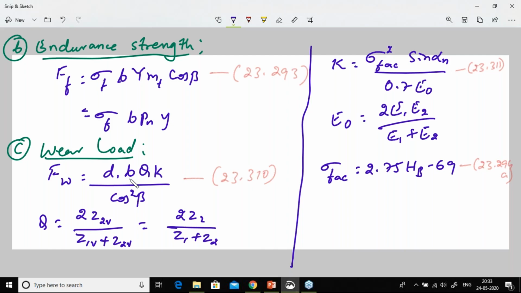Second one is decrease the module Mn. Third one is increase the face width B. And fourth one, increase the surface hardness. So either one or more changes we have to do until Fw is greater than Fd. This completes the design procedure.